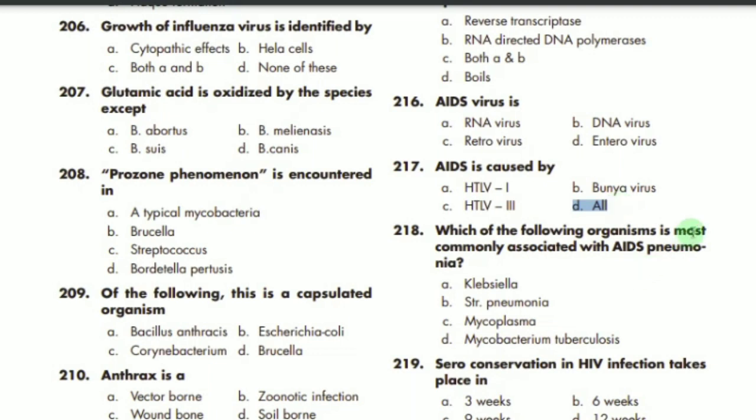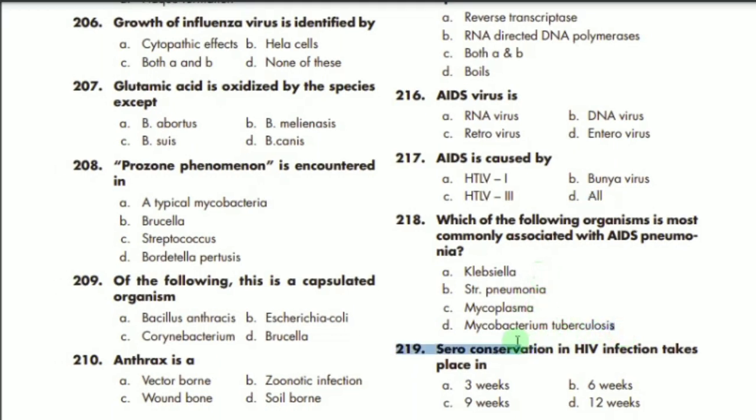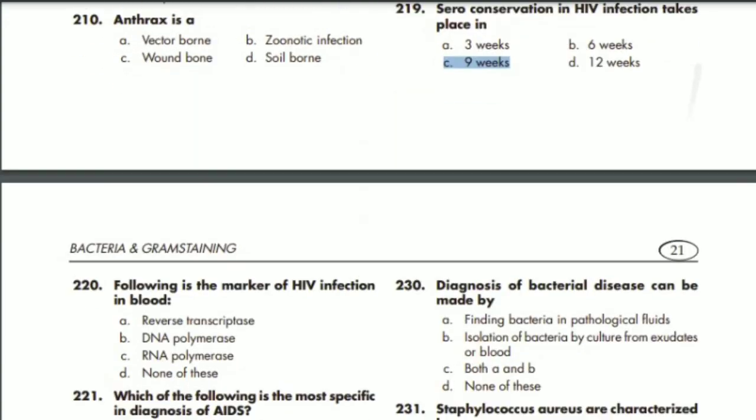Which of the following organisms is most commonly associated with AIDS pneumonia? In this case the correct option is Mycobacterium tuberculosis. D is the correct option. MCQ 219 says that seroconversion in HIV infection mostly takes place at 9 weeks. C is the correct option.